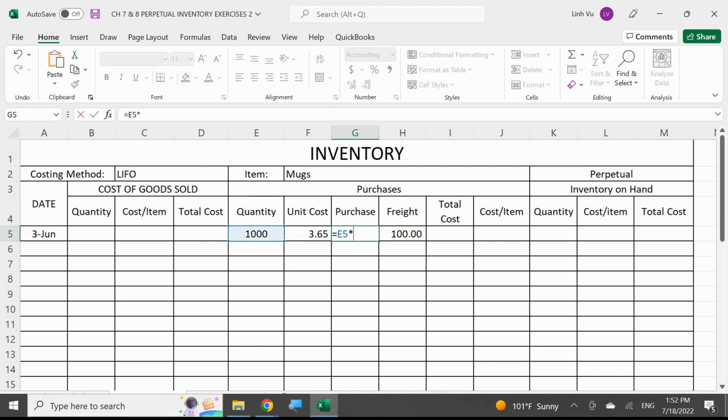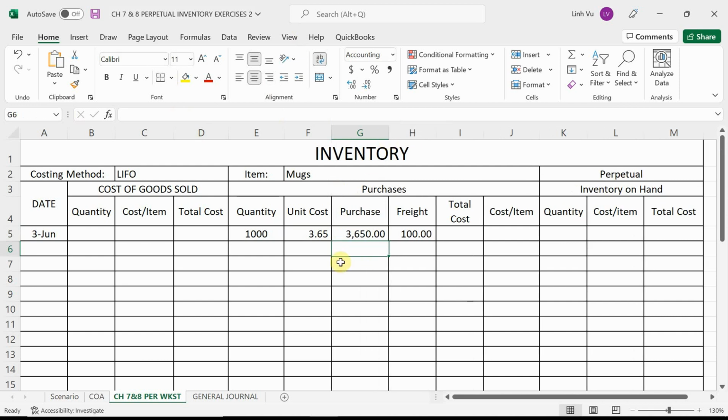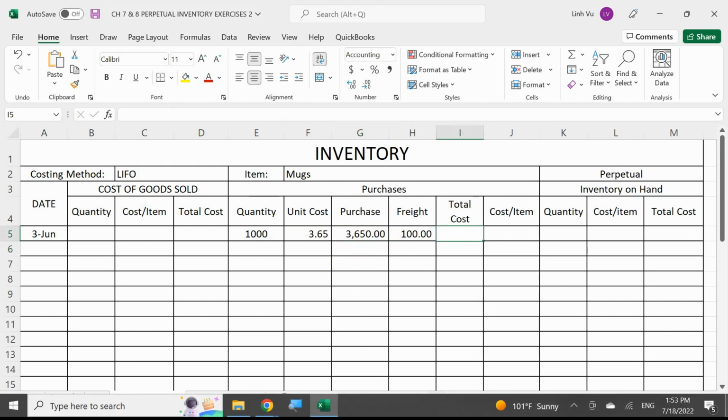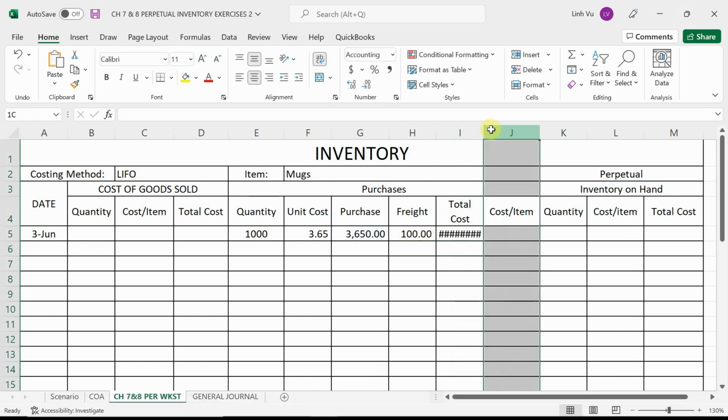We take a quantity times our unit cost to give us $3,650, and then we add $100 to give our total cost of $3,750. Since it's LIFO, the cost of item is 3.75.